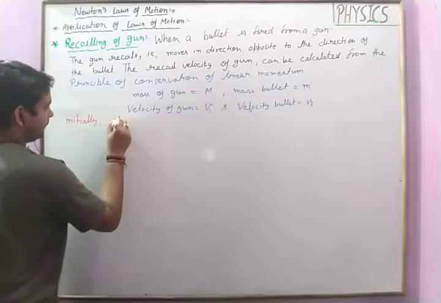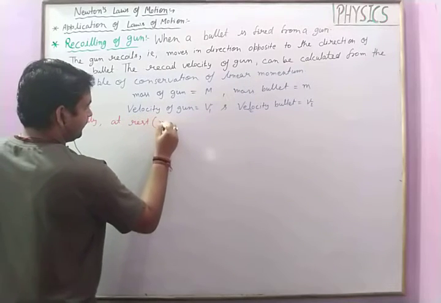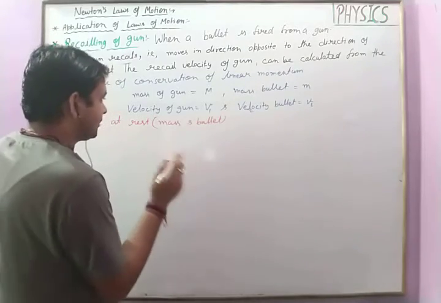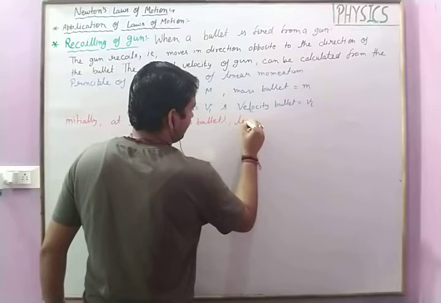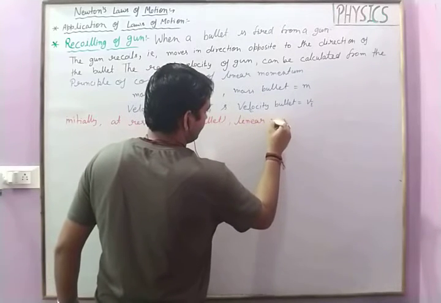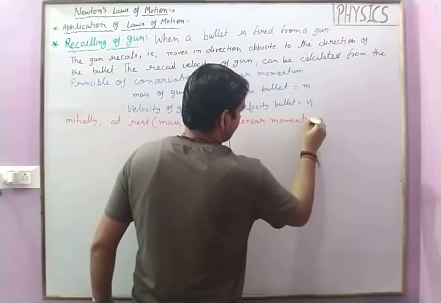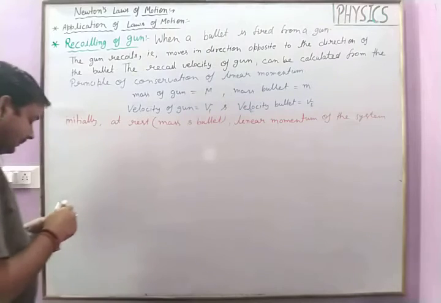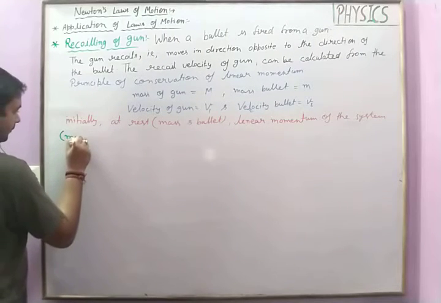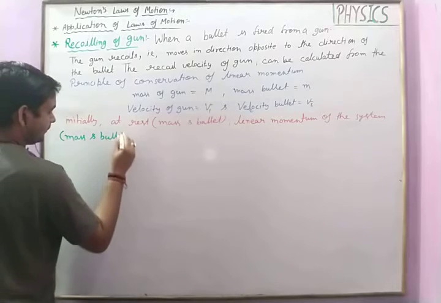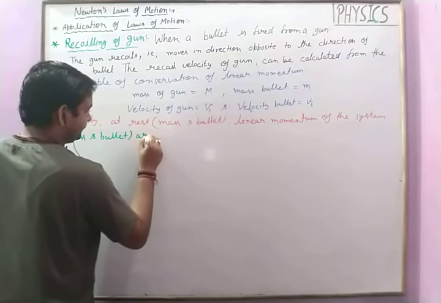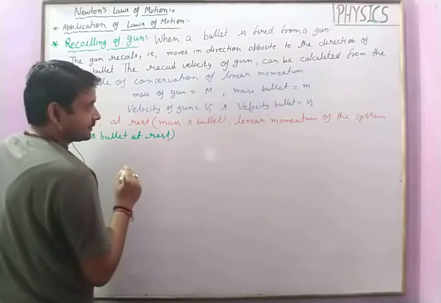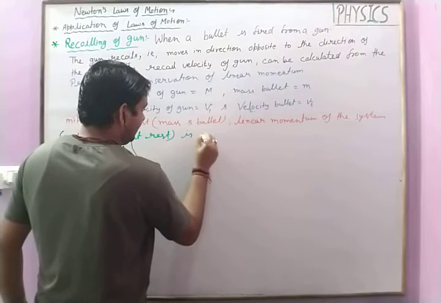Therefore, initially the gun and bullet are at rest, so the linear momentum of the system is 0.